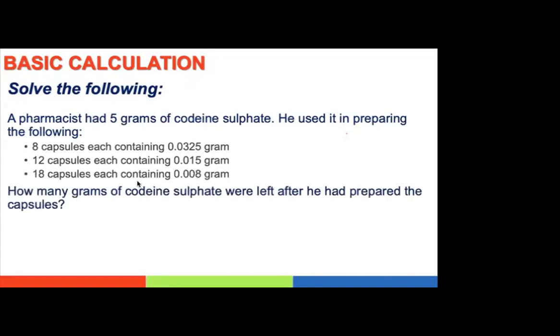Question: how many grams of codeine sulfate were left after preparing all of these capsules? So first, multiply the amount of codeine sulfate by the total capsules per batch, and then get the sum, and subtract it from 5 grams.